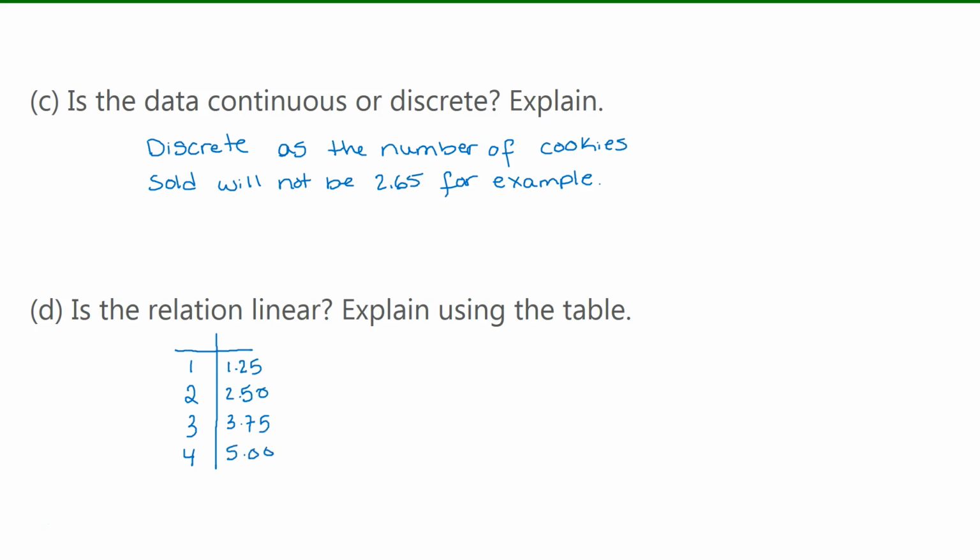I see that this is indeed linear because all the independent values increase by 1, and all of the dependent values increase by 1.25. And that's what makes this linear.